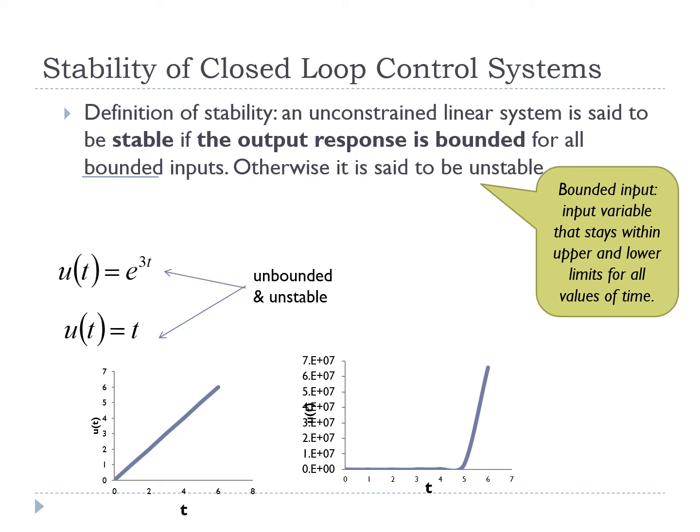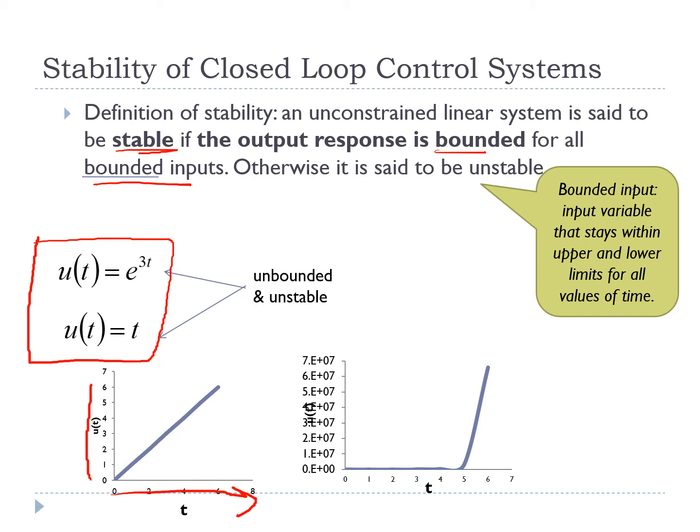A system is said to be stable if the output response is bounded for all bounded input. For example, here if you can see the response, as time increases, the output will also increase, which means that this is an unstable response because it is unbounded, right?